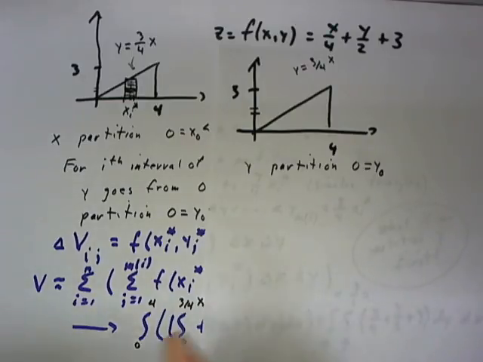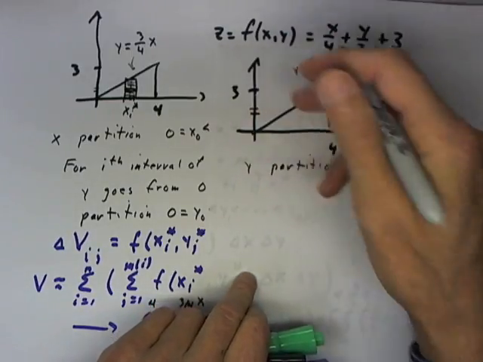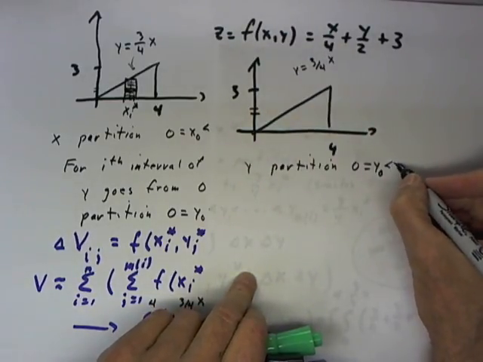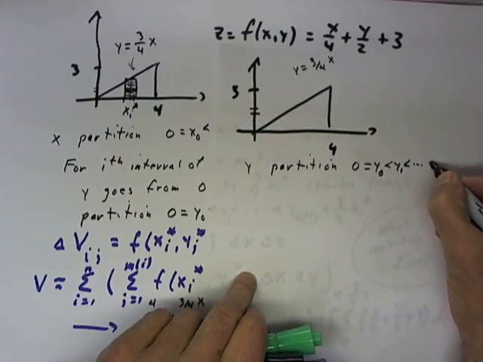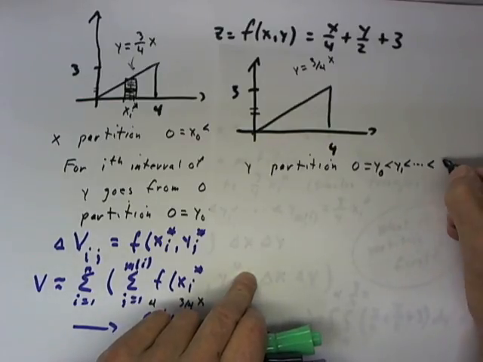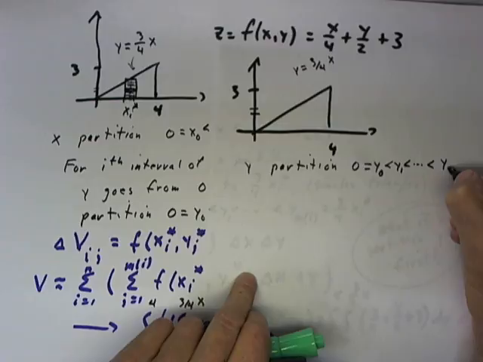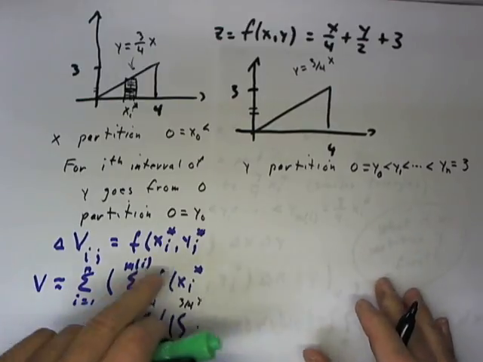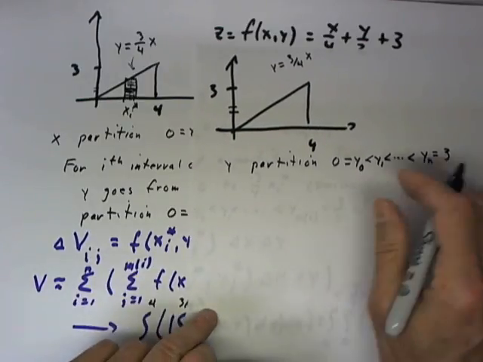Okay, in any case, we're partitioning from 0 to 3 on the y-axis, so that's less than y1, less than, etc., less than, and I'm going to use the n for y. So yn is going to equal 3, and we have then our partition of y.